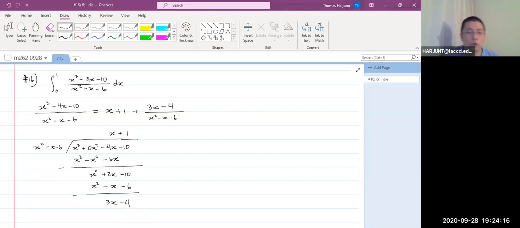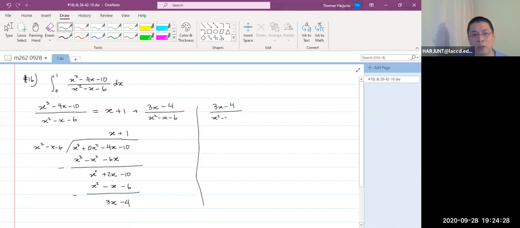Now then I will do partial fraction decomposition on the last term. So 3x minus 4 over x squared minus x minus 6. I need to factor it first though. Okay, that's 3x minus 4 over x minus 3, x plus 2.